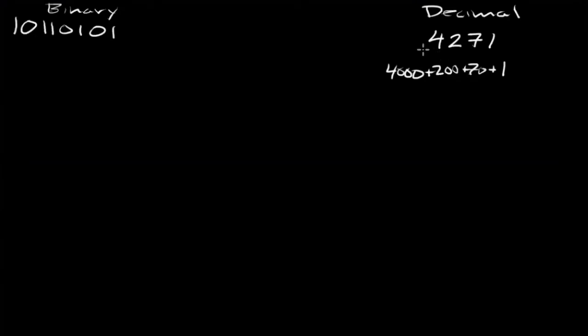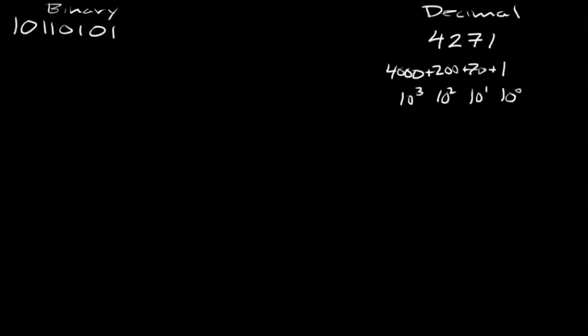It's just faster to write that way. And then this would be the ones place, or 10 to the zeroth place. Anything to the 0 power is 1. This would be the tens place, so 10 to the first. This would be the hundreds place, so 10 squared, then 10 to the third.